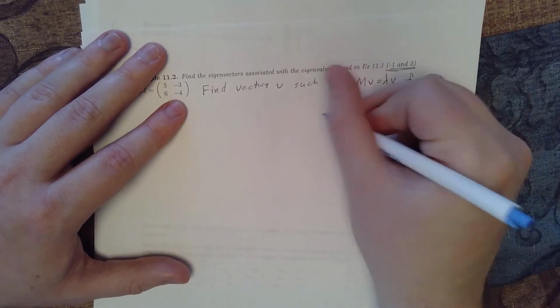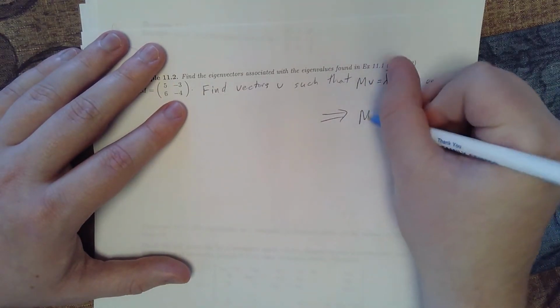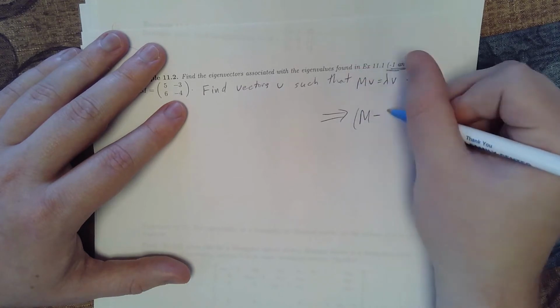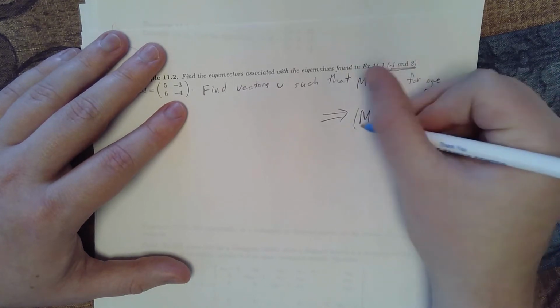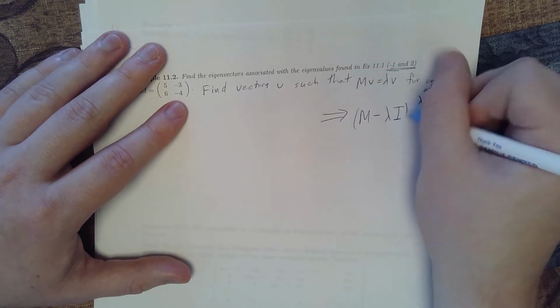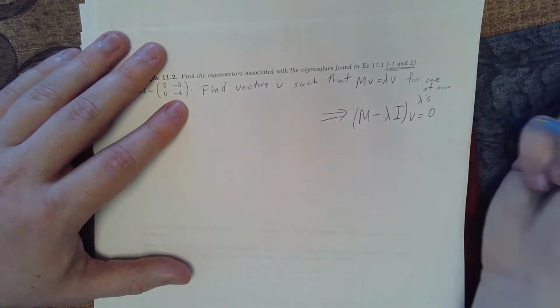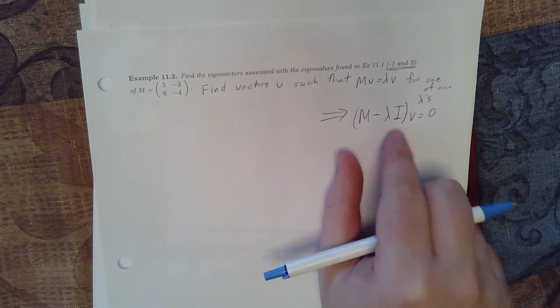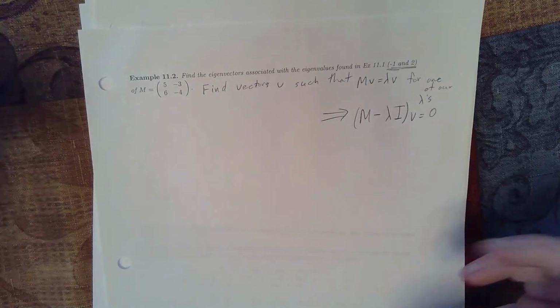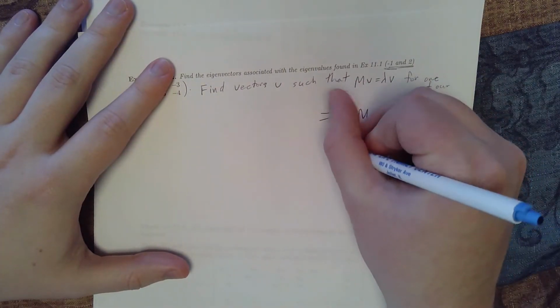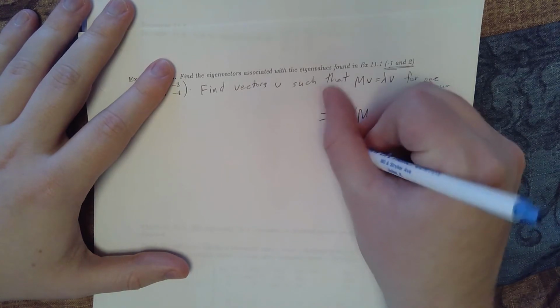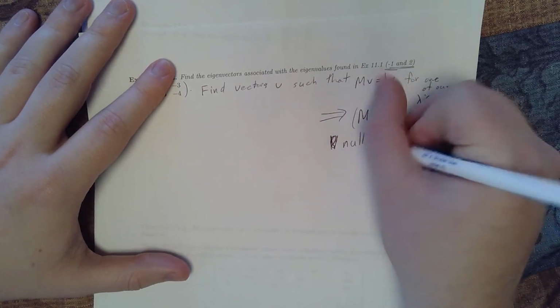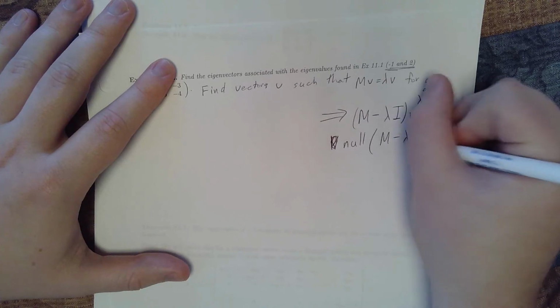So what we're really saying is we want to figure out what vector has it so that our matrix minus lambda times the identity times that vector equals 0. So we want the set of vectors which satisfy this equation equals 0. Well, that's the null space of the matrix minus lambda times the identity.